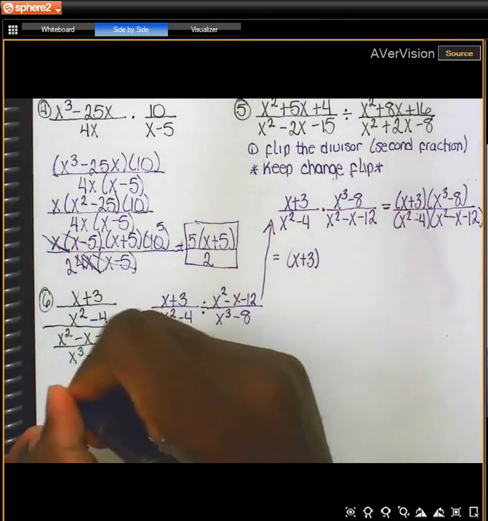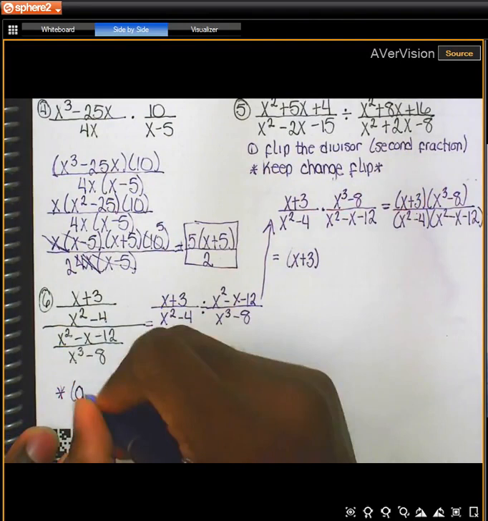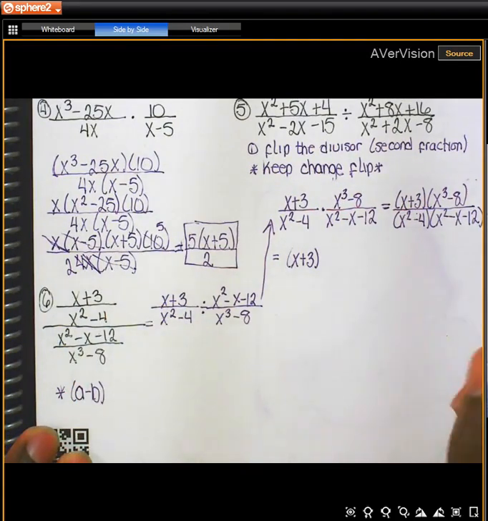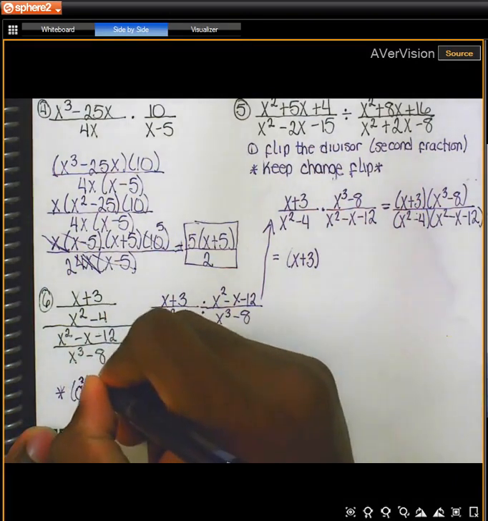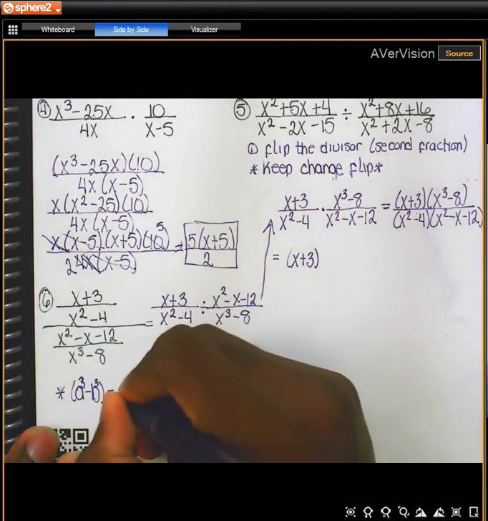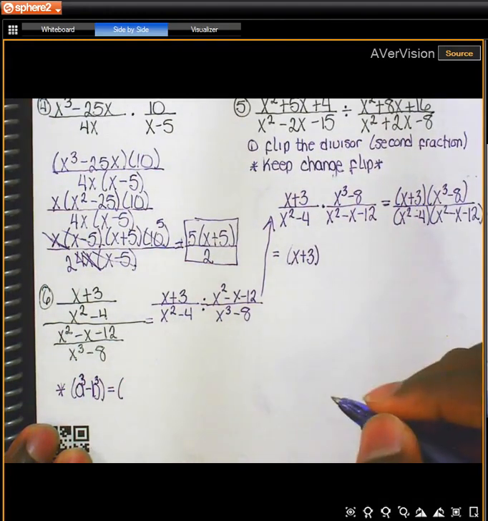Remember SOAP? Remember, SOAP is an acronym.